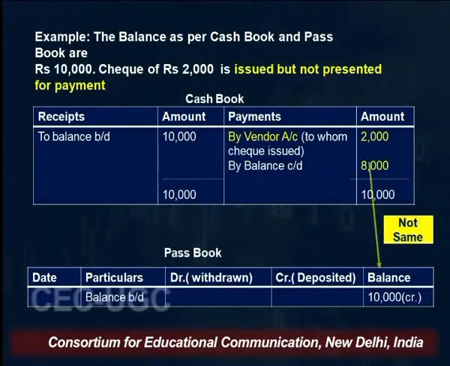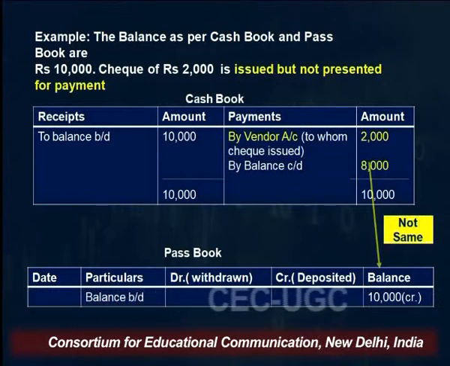Let's understand this with the help of an example. Here are the balances of both the books, the cash book which is prepared by us and the passbook which is prepared by our bank. The balances of both the books are 10,000. A check of rupees 2,000 is issued but not presented for payment.